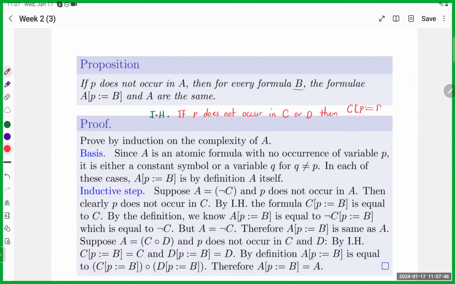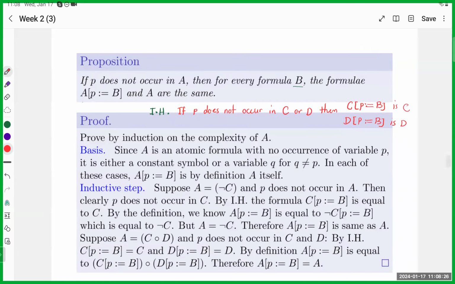So what I actually should have written was that for any formula of complexity less than a fixed complexity, say n, if P does not occur in those formulas, then the result of the substitution of P with B is always the formula itself. But I think this is clear enough.